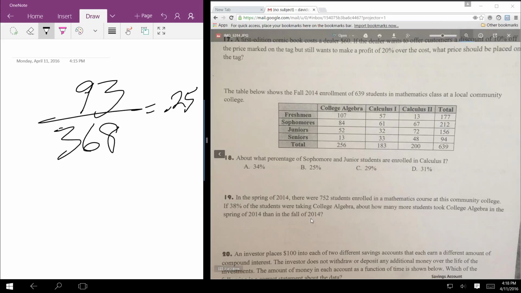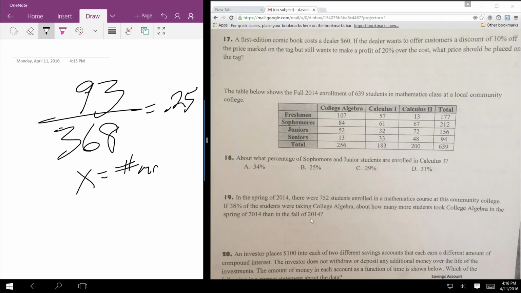So X is going to be the number of students that took college algebra in the spring. Wouldn't it just be 62 because that's what's left out of 100?